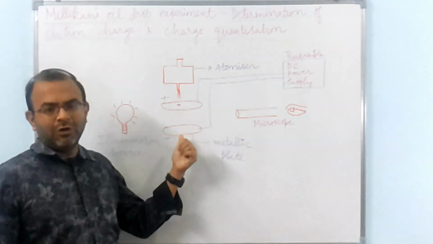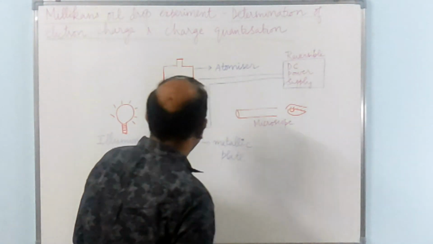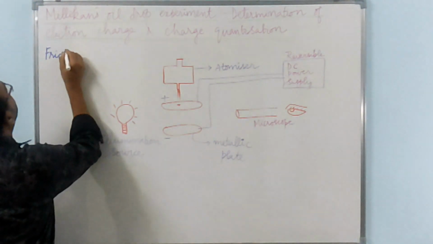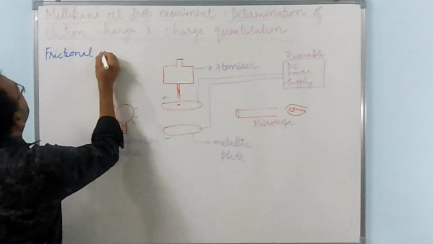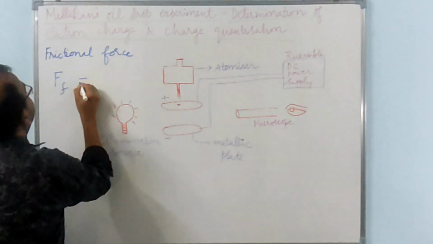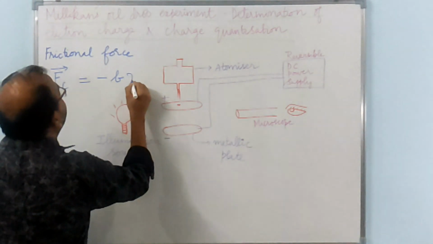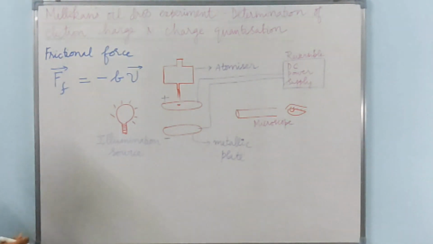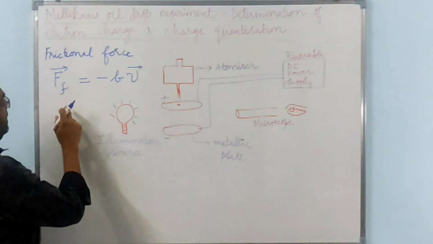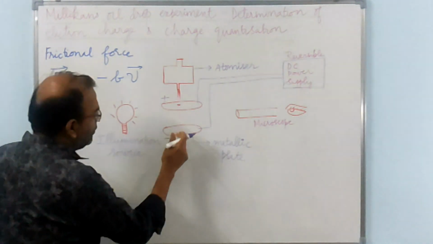The frictional force on the oil drop when it drops downward is given by, let us call that F_F, a vector equation, minus B times V, where B is a constant given by Stokes' law. Now this is the expression for the frictional force acting on a drop.